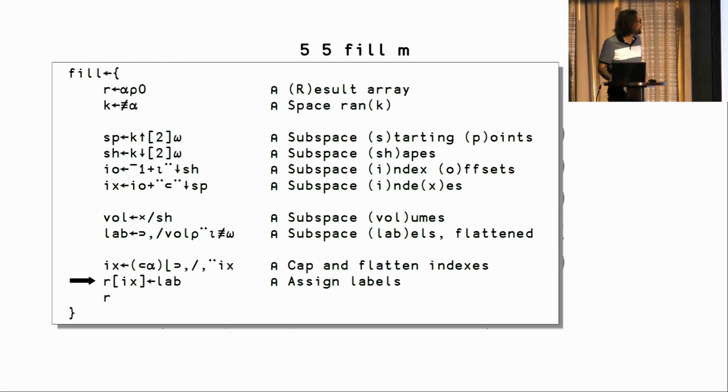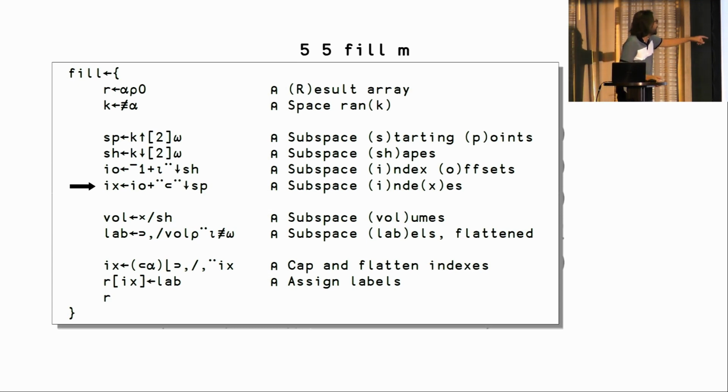The big breakthrough was learning that monadic iota, given a vector, returns an array of vectors, which would be the indexes into all the subspace shapes, basically. And so if I added those to the starting points, then I basically had all the indexes that I needed to change.